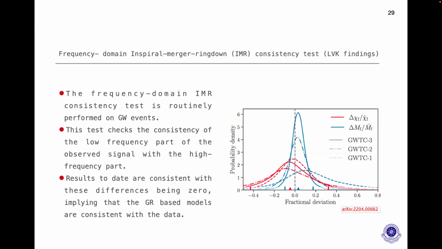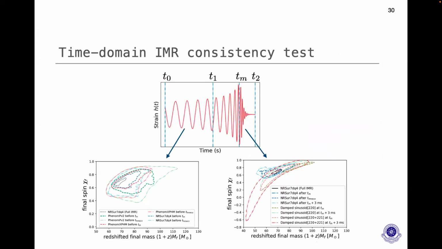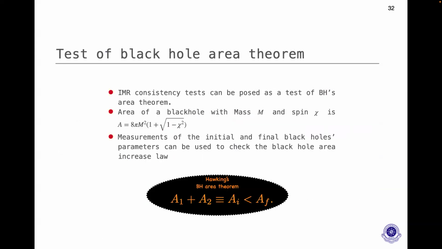Yeah, this is the same thing that I was mentioning. And you can pose the same question, that consistency test, as a test of the black hole area theorem. I think this was first developed by the AEI Hannover group, and LIGO has started using this test for their data as well these days.